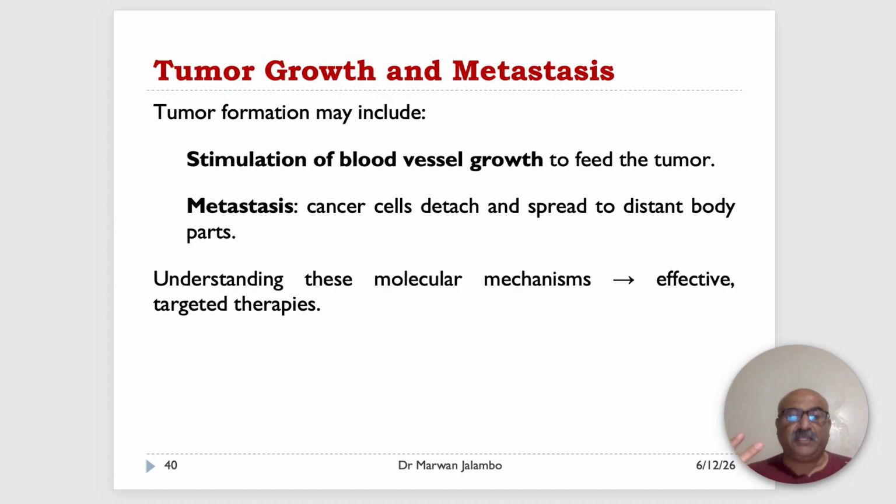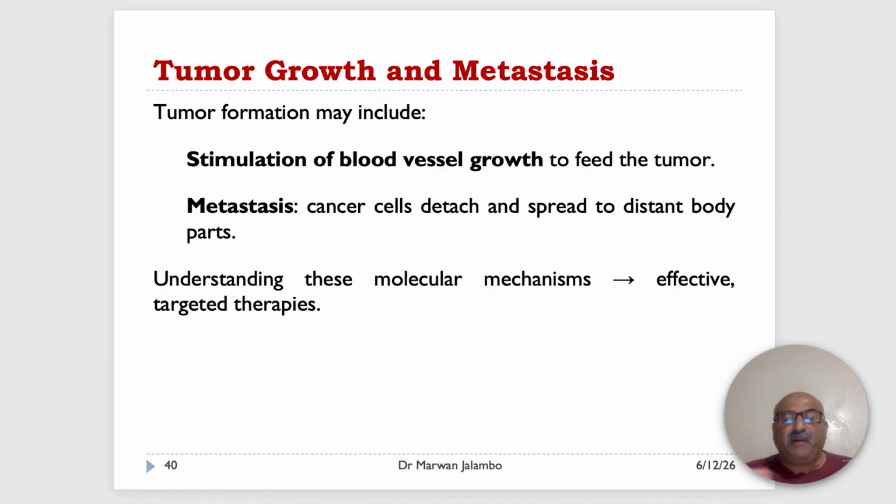The second and most deadly is metastasis. Cancer cells may change from the original tumor and spread to distant parts of the body. That spread is usually what kills. The hope is that understanding these molecular steps lets us design therapies that specifically halt them.